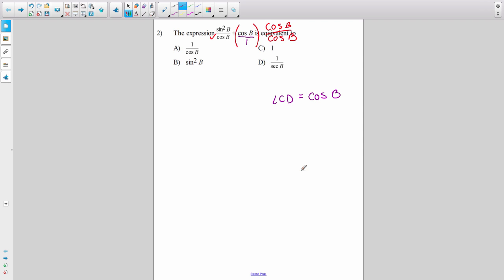Now trig functions are just like x and y. If you're going to multiply cos times cos, that's like x times x, you would get x squared. So in this case, you'll get cos squared. So now let's see if this helps us out a little bit. So sine squared b over cos b plus cosine squared b over cos b.